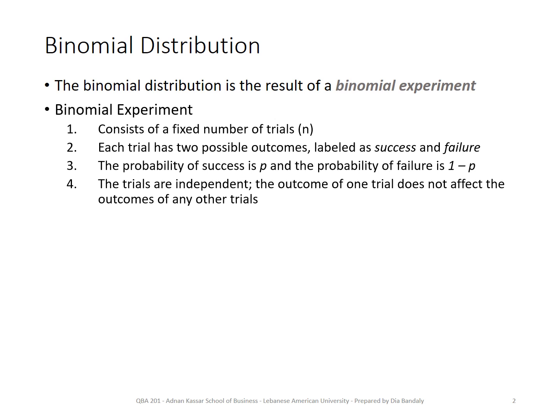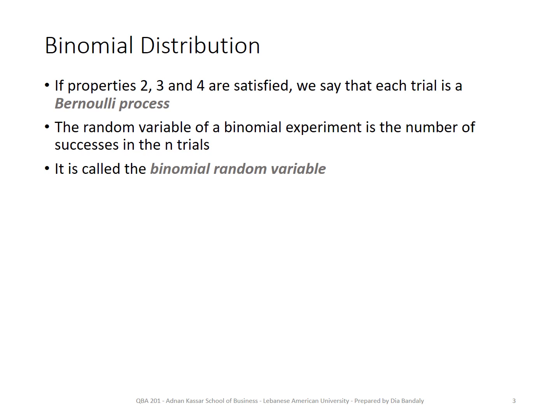All right, so let's dig further. If the second, third, and fourth properties that we discussed are satisfied, we call the trial a Bernoulli process. We're not going to use it in our course here, but it's just general information for you. Now, we are interested in the variable that results from the experiment, and as we agreed before, we will call the variable by the experiment name.